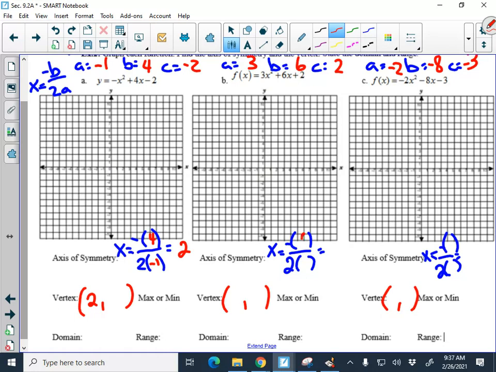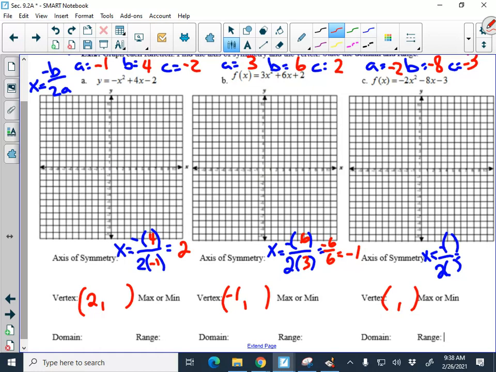So we should get a 6 over 3. It's -6 over +6. What does -6 over +6 get? -1. So that's our x value. Notice I put it in for our x value for our vertex right away, -1.